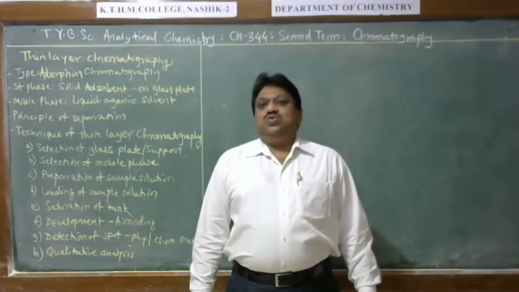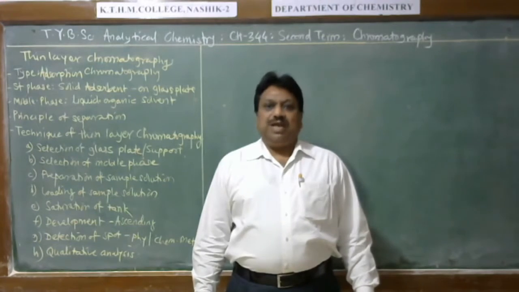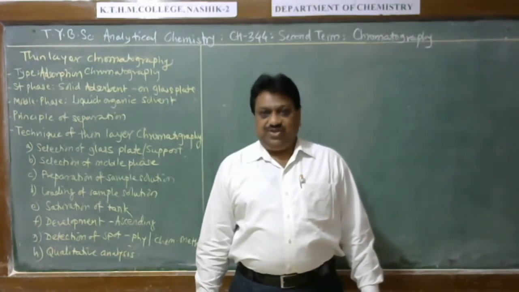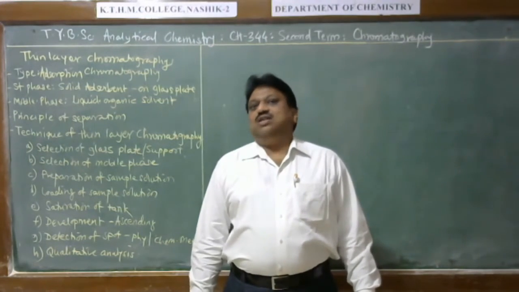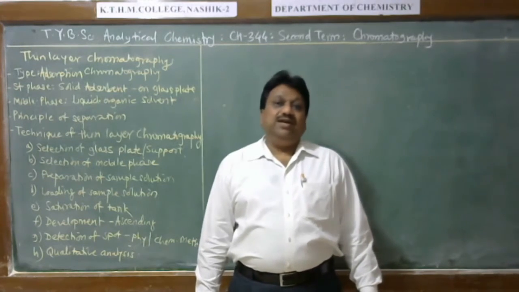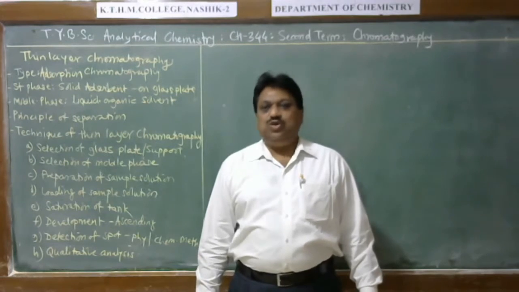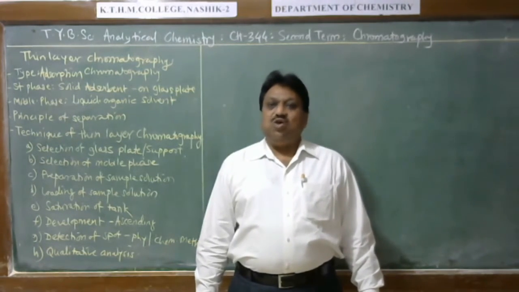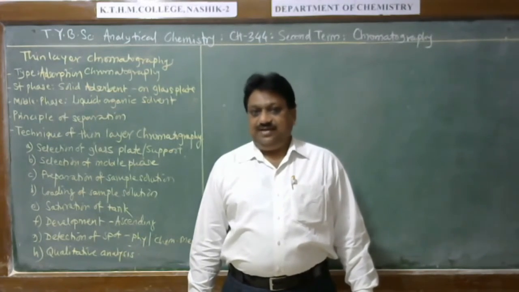In contrast to this, a sample component having the capacity to form few bonds or no bond with the stationary phase migrates at a faster rate, that is, it migrates with the mobile phase. Therefore, on the basis of how much bonding is formed by the solute molecule with the stationary phase, the sample components get separated.